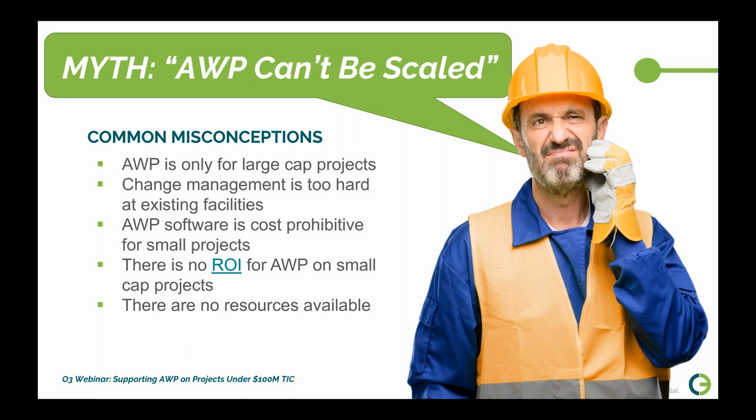O3 has been successful with the rollout of its software across entire portfolios of small cap projects, which further helps to defray the cost. Legacy on-premise solutions that do not support multiple projects and lack the ability to provide cross-project reporting are not a good fit for scalable AWP, but these dinosaur technologies are on their way out. Modern web-based tools like O3 are the future of construction software.